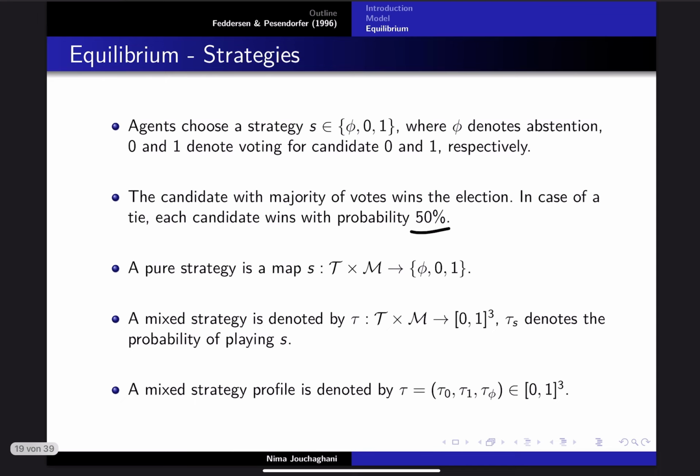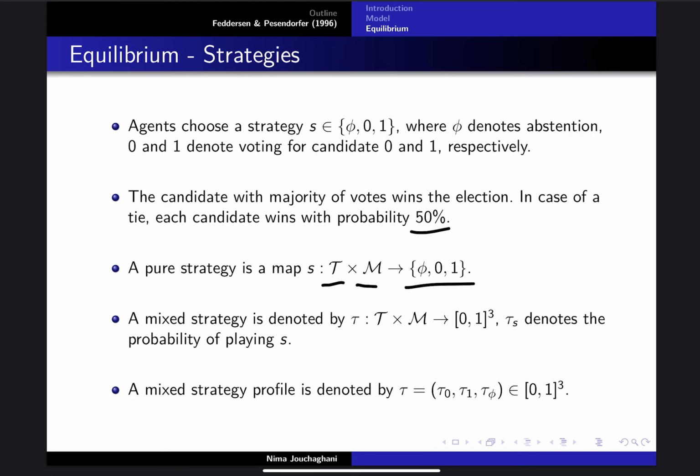Now, let us talk about the particular strategies in a mathematical form. A pure strategy is a mapping from the set of types and the set of messages into the strategy space. So your type and the message that you receive determine the strategy that you choose.